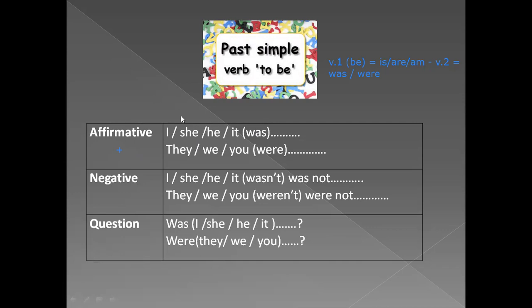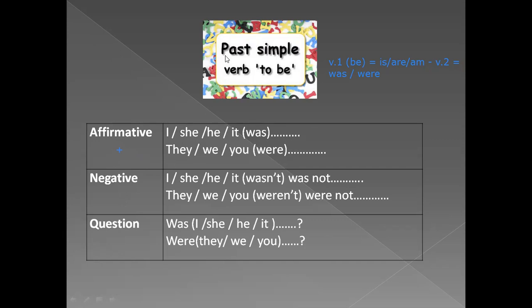Whenever I have a singular subject like I, she, he, and it, I should put was with them. But whenever I have a plural subject, like they, we, and you, we should put were with them, okay?